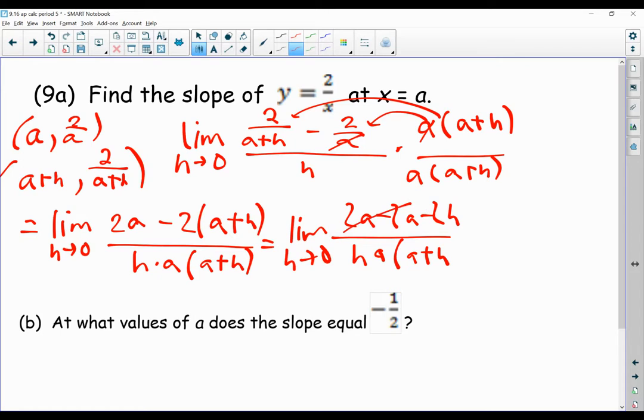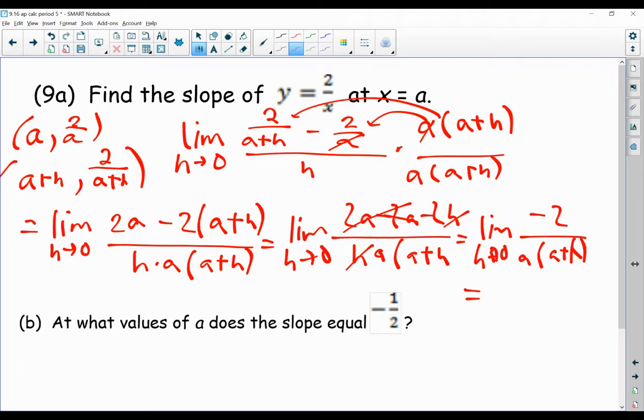I can see these 2a's cancel. And then I have a negative 2h on top and an h on bottom, so that's going to cancel. So I end up with the limit as h goes to 0 of negative 2 over a times a plus h. And now I'm actually going to take the limit.